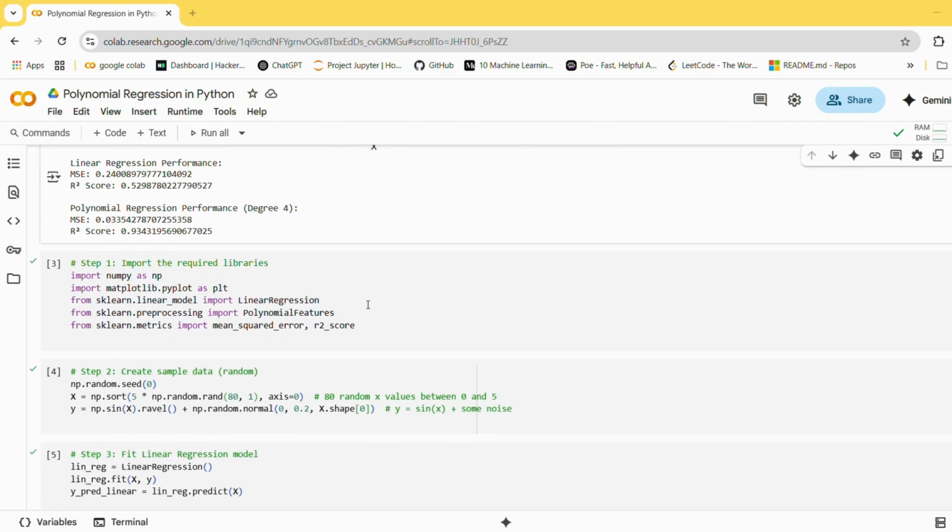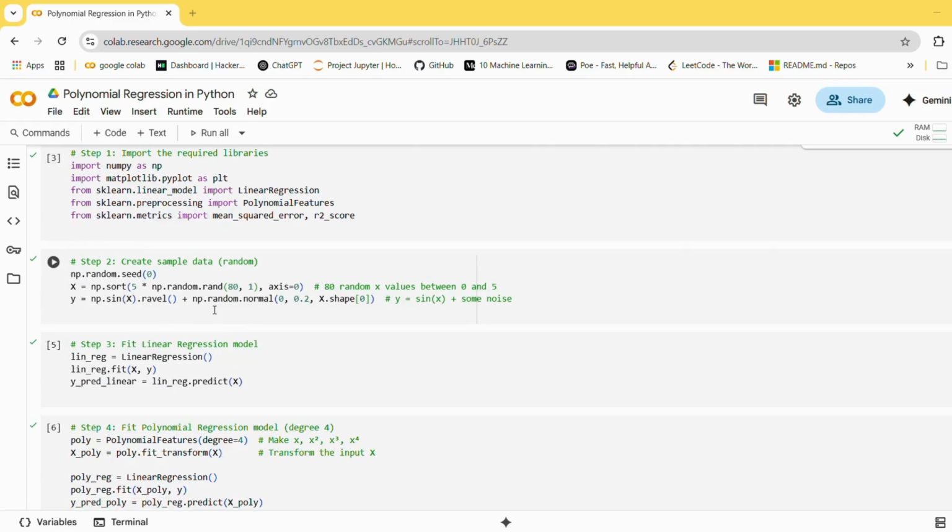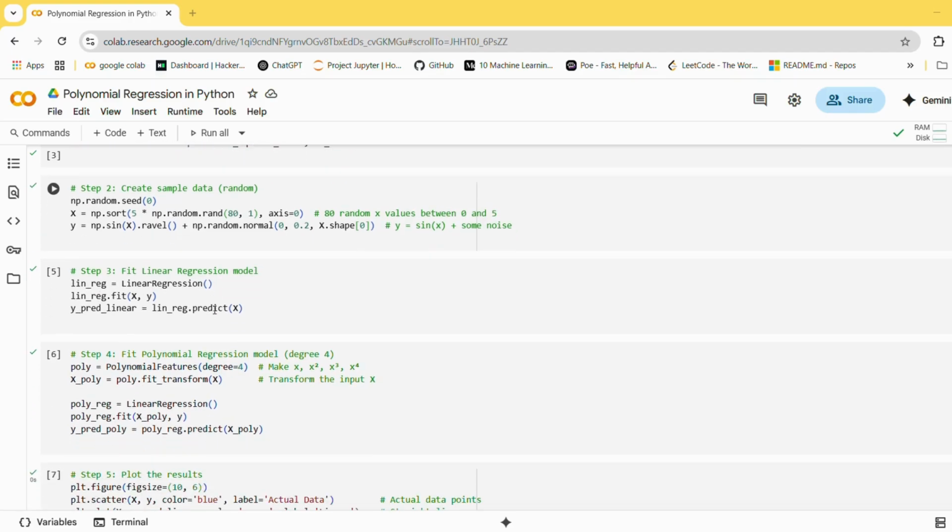And coming to step 2, we generate 80 random x values, and the y values follow a curved pattern like a wave with a little bit of random noise added. And coming to step 3, here we fit a straight line model to the data using linear regression, and the predicted values are stored in y_predict_linear.